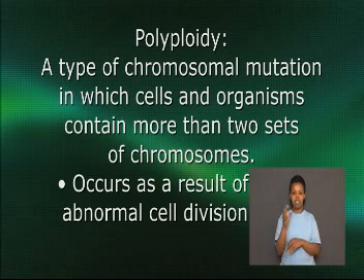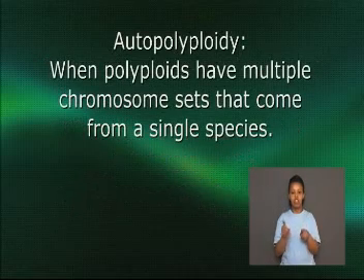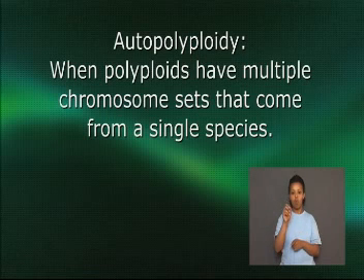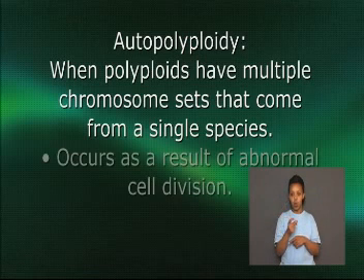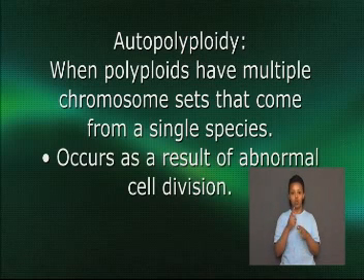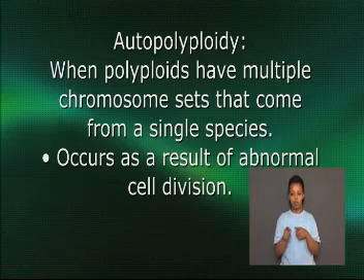This occurs as a result of abnormal cell division. Autopolyploidy is when polyploids have multiple chromosome sets that come from a single species. This also occurs as a result of abnormal cell division.